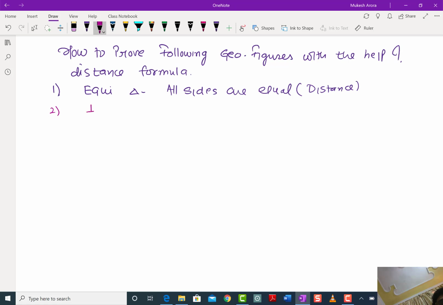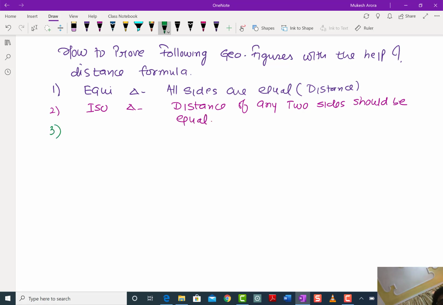Two, isosceles triangle. The distances of any two sides should be equal. Number three, a right angle triangle. Use the Pythagoras theorem.